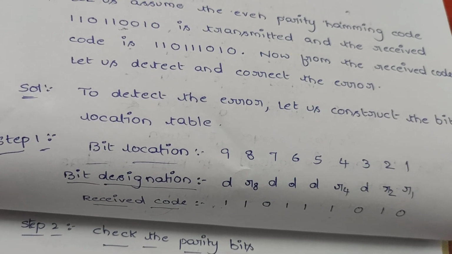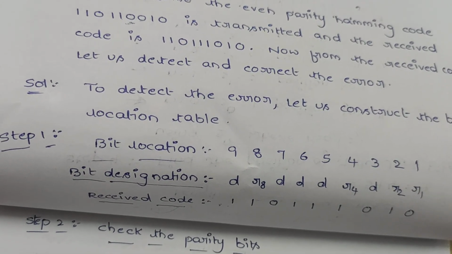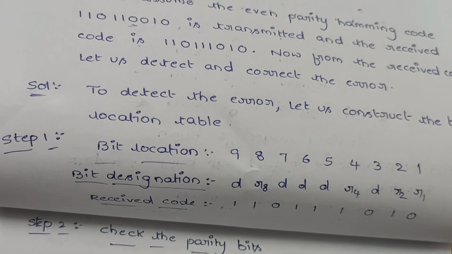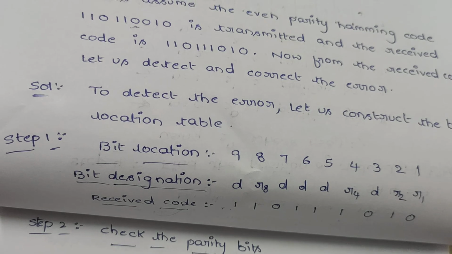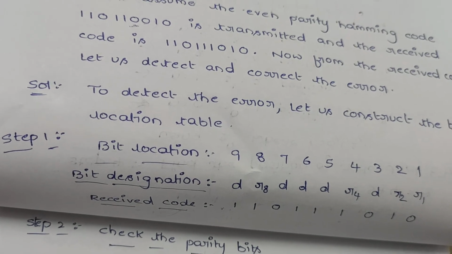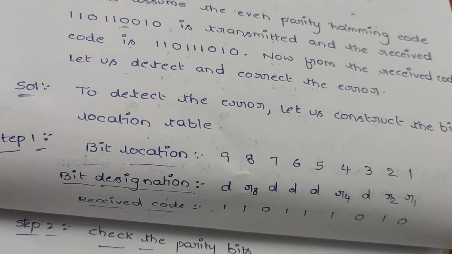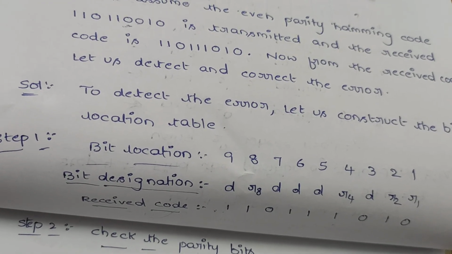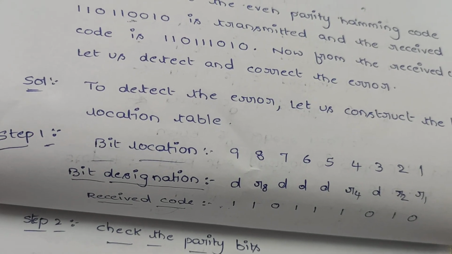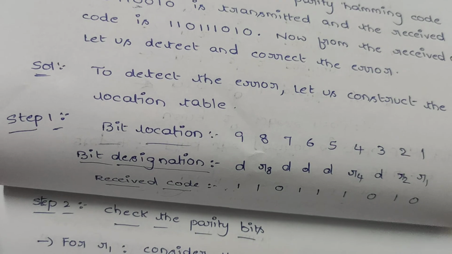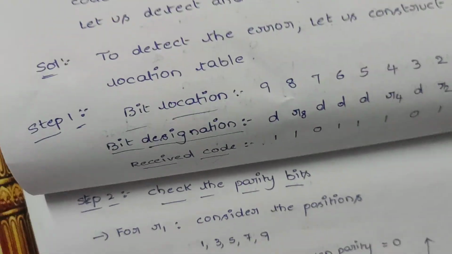Now the bit designations: we place the redundant bits at the powers of 2, so R1, R2, R4 and R8 are placed in positions 1, 2, 4 and 8. The remaining positions are marked D. The received code is 110111010. Now by using the parity check conditions, we will find whether any error has occurred.